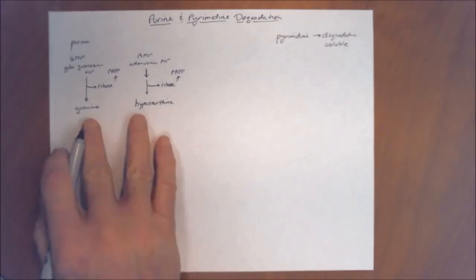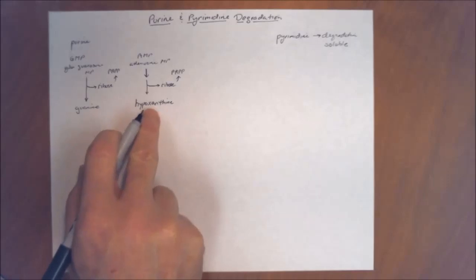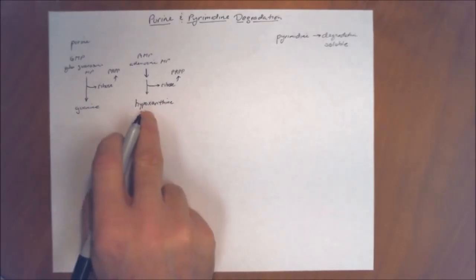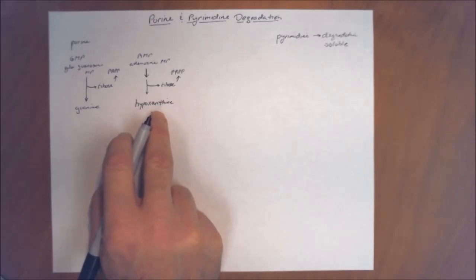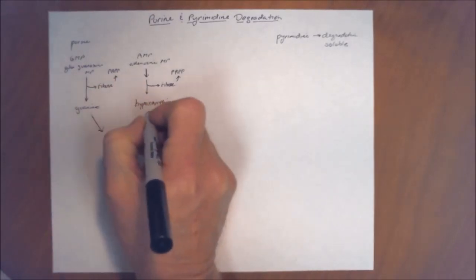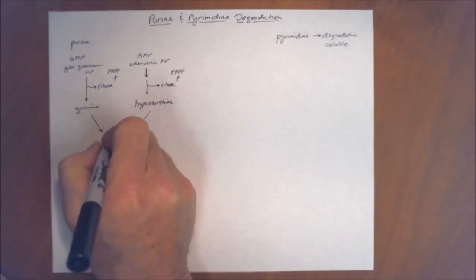So this is a breakpoint here, from GMP to guanine, AMP to hypoxanthine. And now these two processes, these two substrates, converge on a single formation of a single product called xanthine.